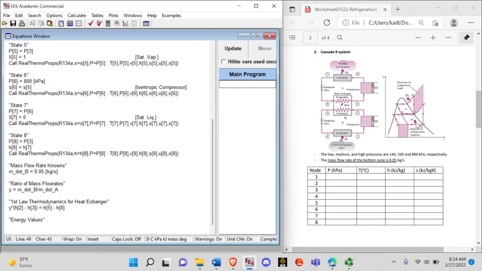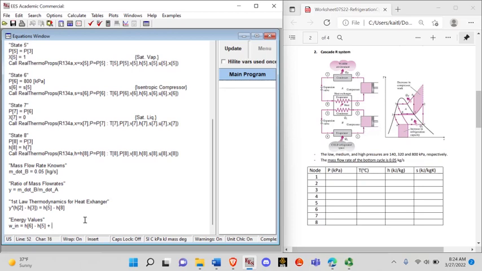So we are going to do work into the system. This is specific work into the system, which is H6 minus H5. It's the work into the system with the high pressure compressor, and then we're going to add the work into the system due to the low pressure compressor.